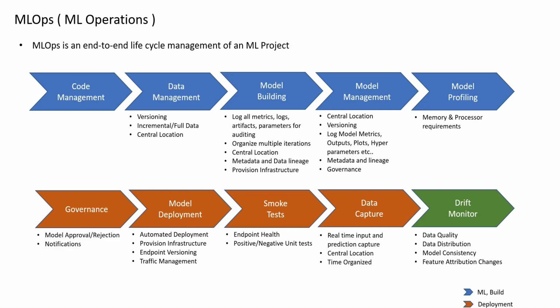ML operations is an end-to-end lifecycle management of an ML project. Suppose you are considering a project and you have deployed it into some pipeline, and due to flags and everything, maybe cache issues or flag issues, there could be some sort of errors in the operations in the pipelines.